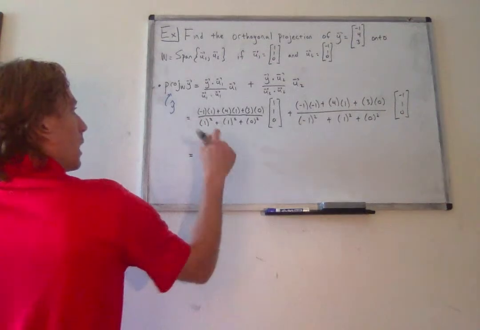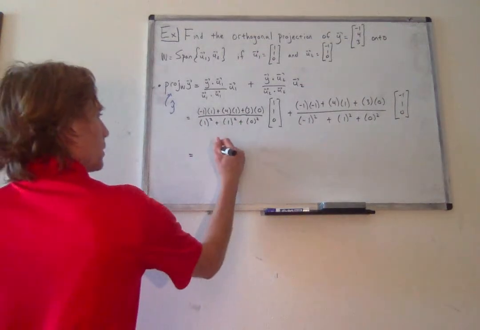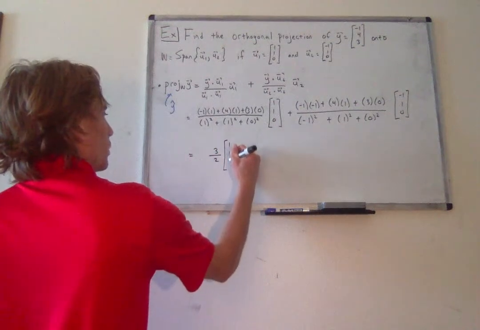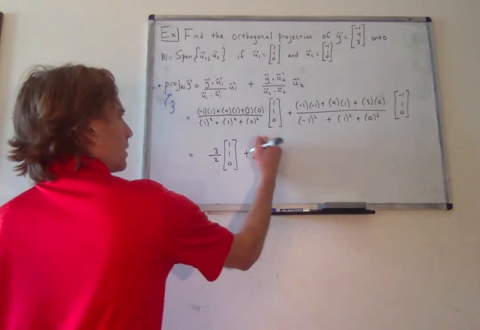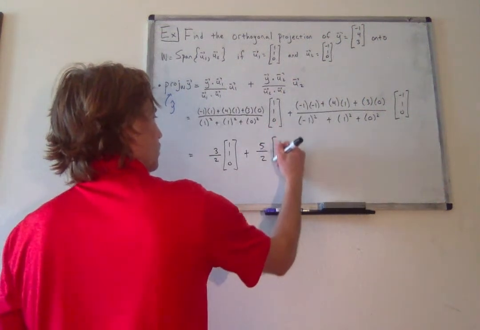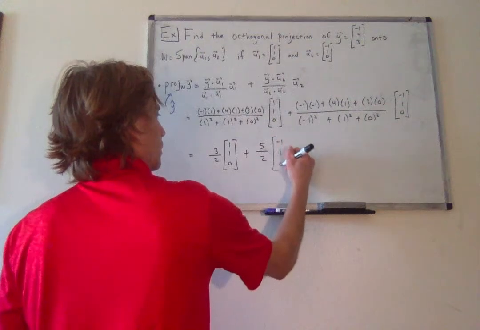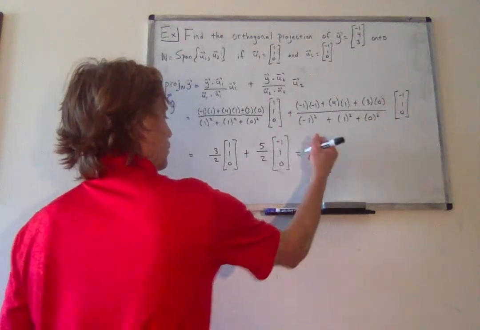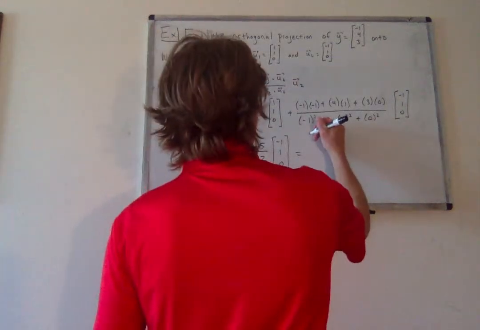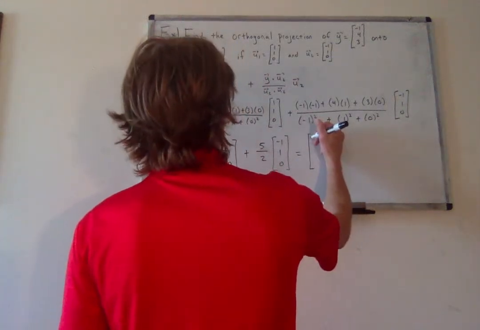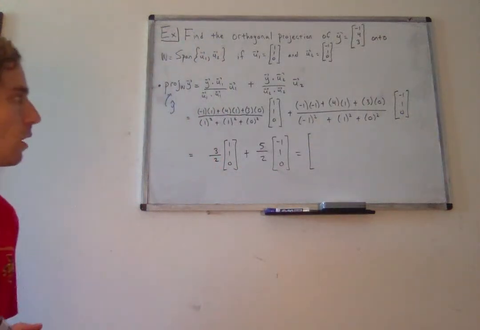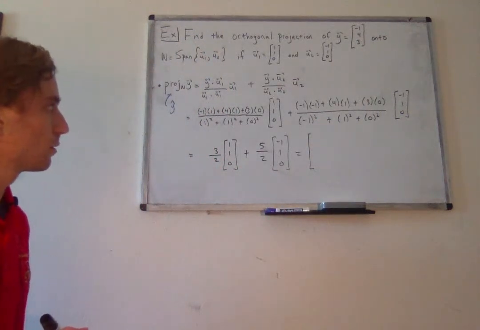Working through all of the dot products, you should get 3 over 2 times the vector u1 plus 5 over 2 times the vector u2. Now we can just sum the vectors across. So this would be 3 over 2 minus 5 over 2, which is equal to negative 1.